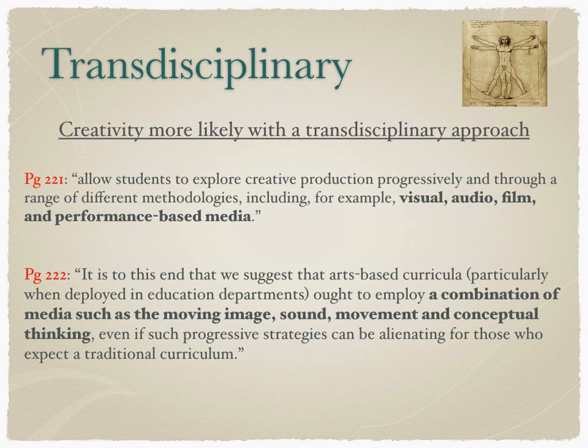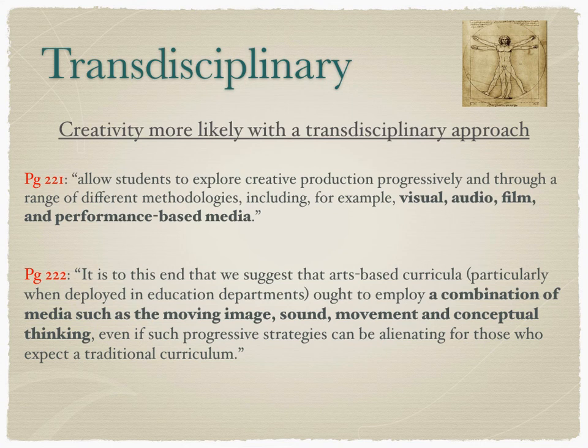Good, so now on this next slide we can see exactly how this course tries to offer a transdisciplinary approach by using a range of different methodologies to explore creative production using visual, audio, film and performance-based media.